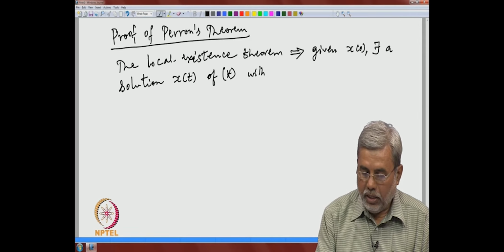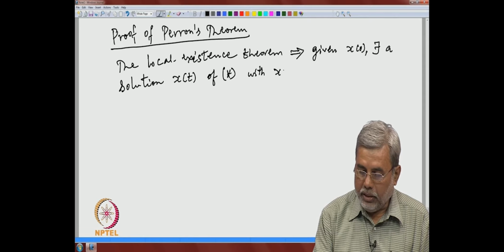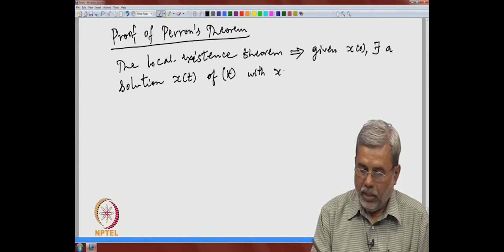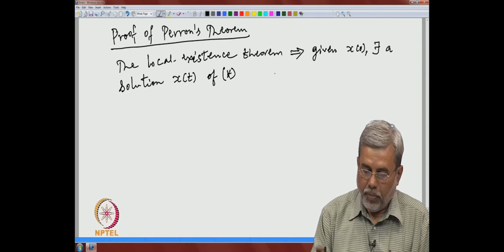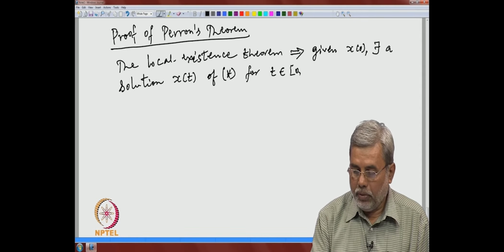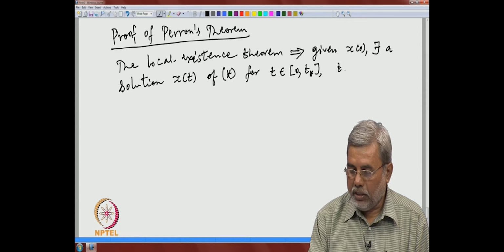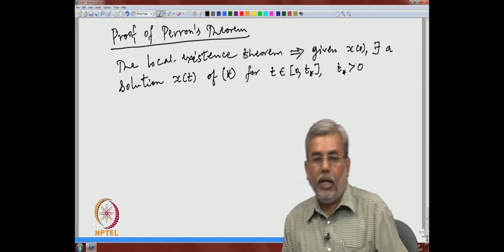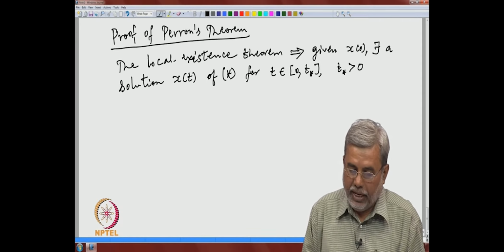So, let me indicate that x(t) of star with x 0 exists for some time t in (0, t star). So, t star is positive. Okay. So, that is always guaranteed.